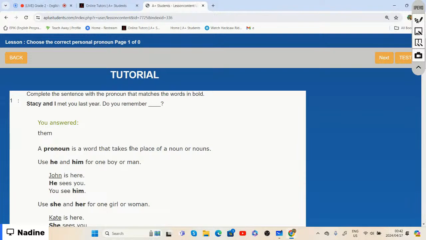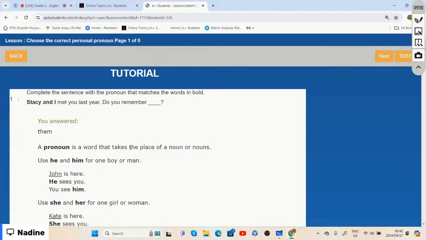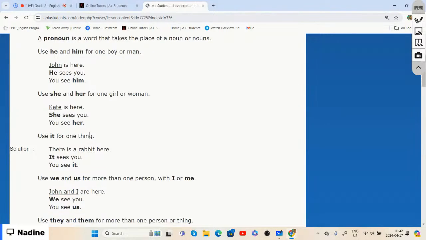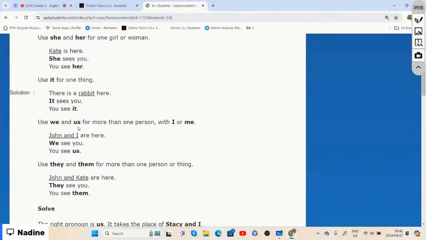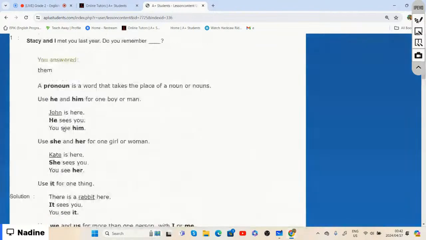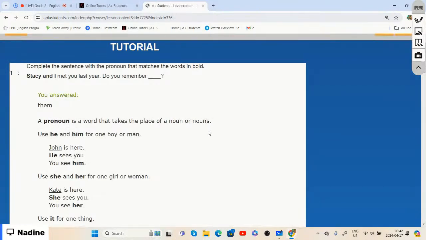The personal pronouns are words like he, him, she, her, it, right? Those are personal pronouns, right? We, us, them, or they. Those are all personal pronouns. And we say the pronoun is a word that takes the place of a noun or nouns, right?